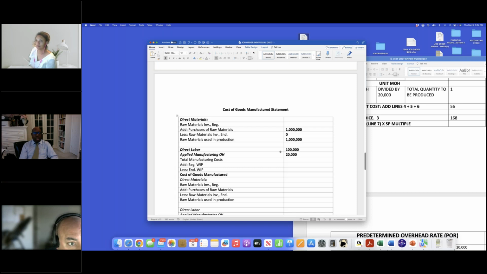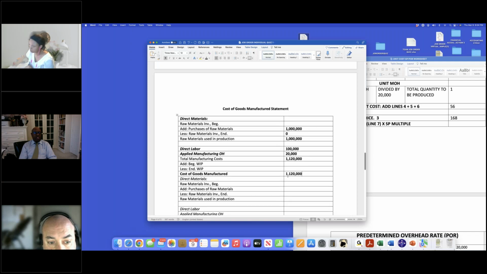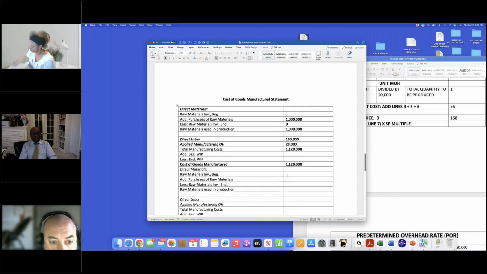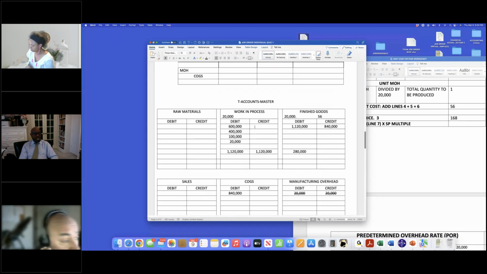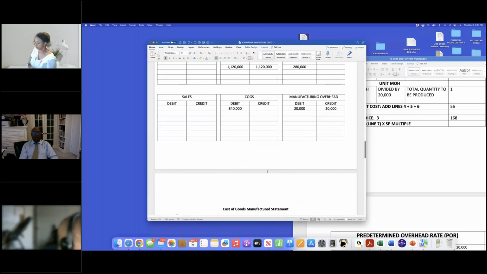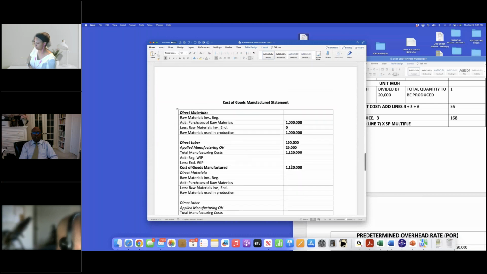We didn't have any beginning or ending inventory, so this number becomes the cost of goods manufactured, ladies and gentlemen. It's done. All we did was look in the work in process account, bring those numbers over here, and we know the answer is always what we transferred to finished goods.